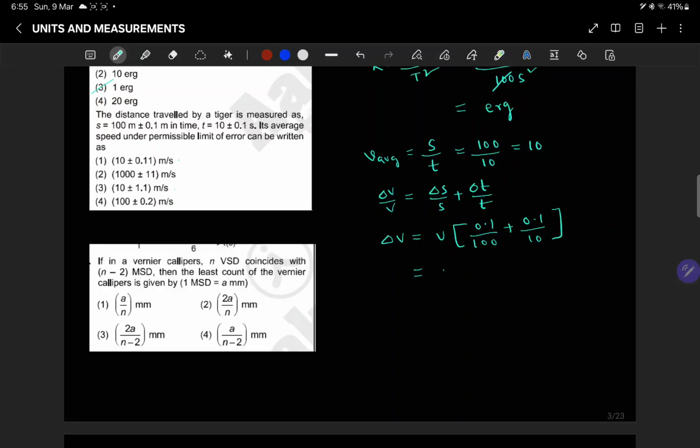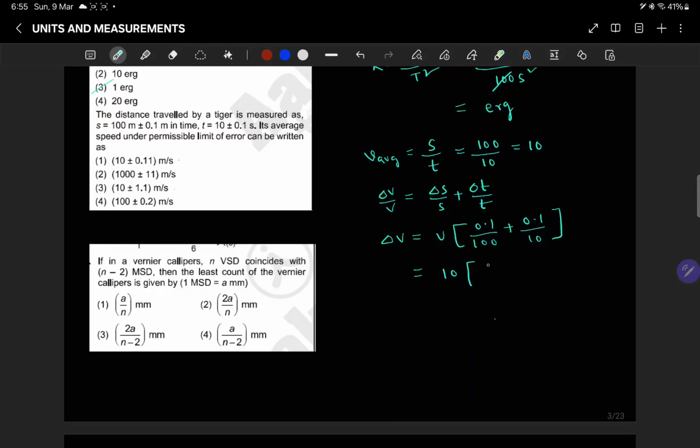So the actual value of V is 10 only. 10 into 0.1 by 100.